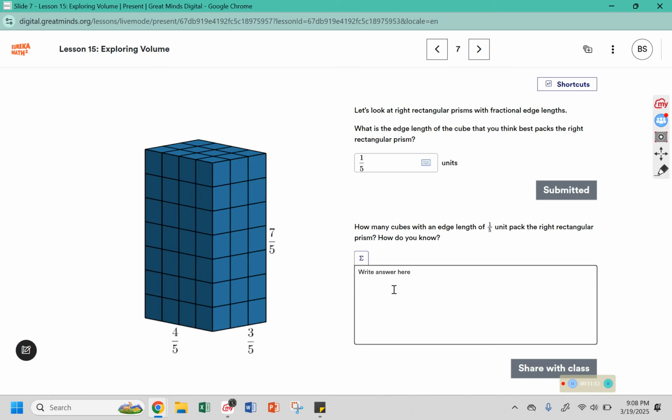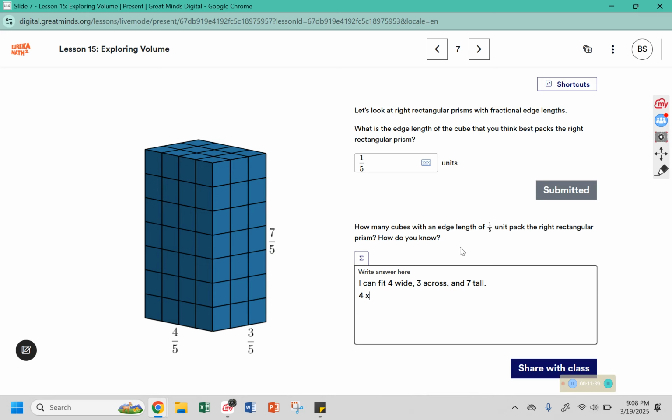It says, how many cubes with an edge length of 1/5 unit pack the right rectangular prism, and how do you know? Well, I have 4 wide, I can fit 3 across, and I can fit 1, 2, 3, 4, 5, 6, 7 tall.